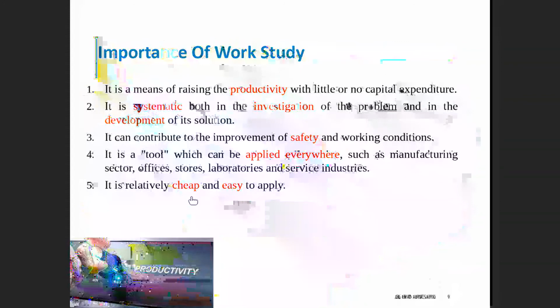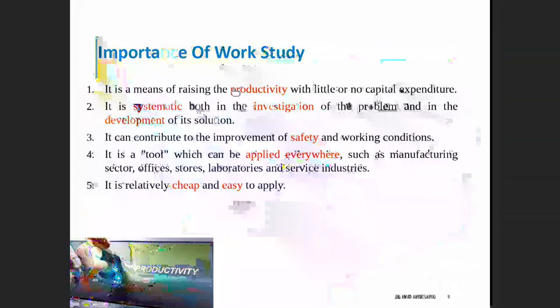It's relatively cheap and easy. So all you need to do is make a method for every activity, or you do a time study. So it doesn't need that much cost to develop it.